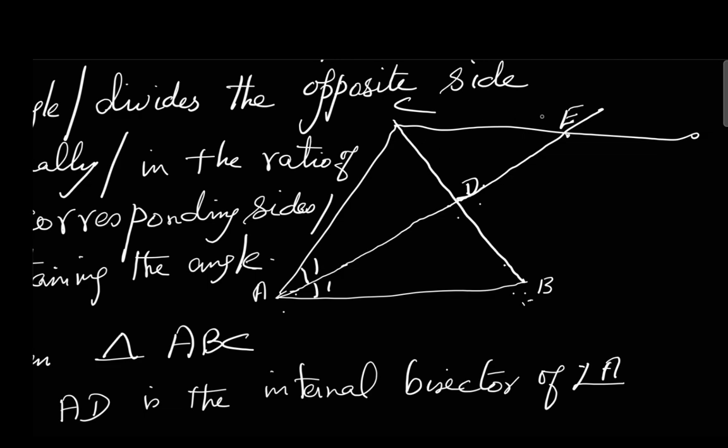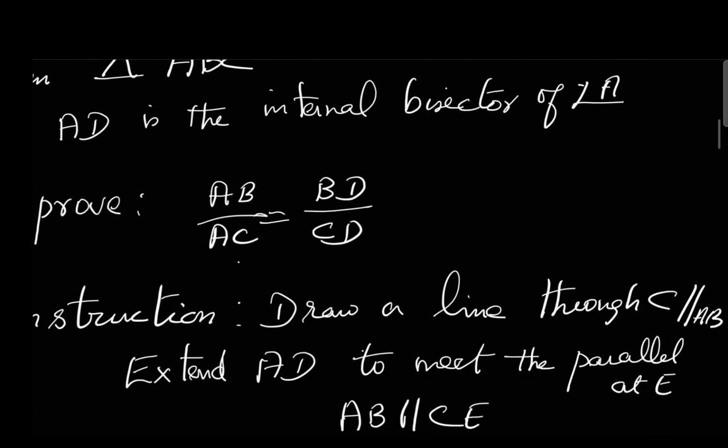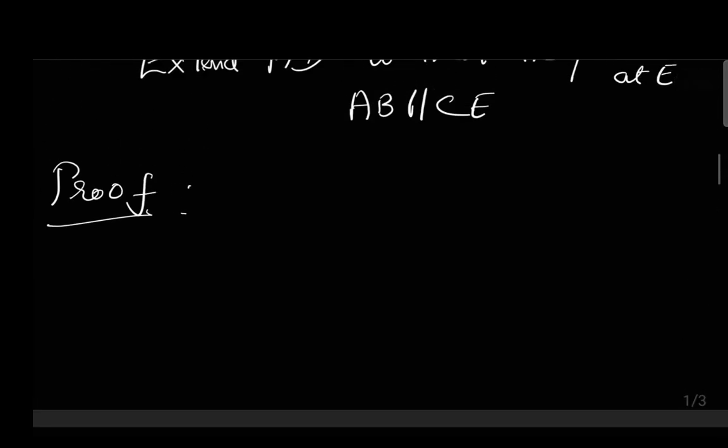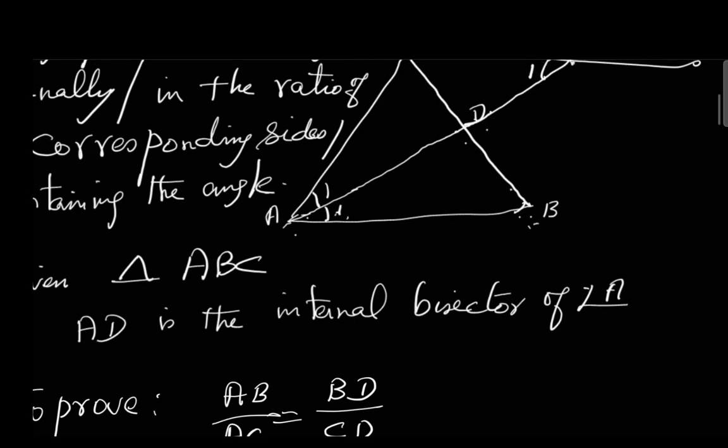See, CE and AB are parallel. Here I take AE as the transversal. So in that case, if two parallel lines are intersected by a transversal, alternate angles are equal. Here 1, so here also I will get 1. So alternate angles are equal, and you mention that in the proof. Which angle am I getting here?